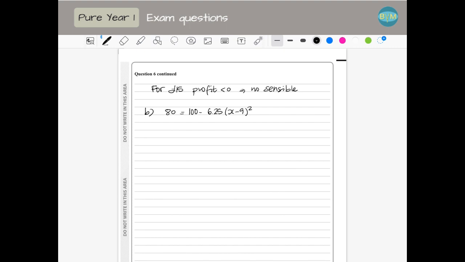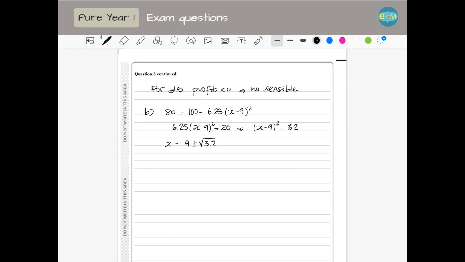So I have 20 equals 6.25 times x minus 9 squared, which means x minus 9 squared is going to be 20 divided by 6.25, which is 3.2, which means x is going to be 9 plus or minus root 3.2.